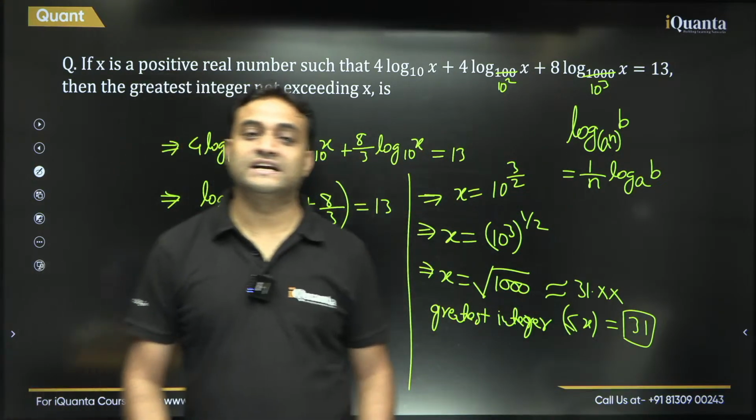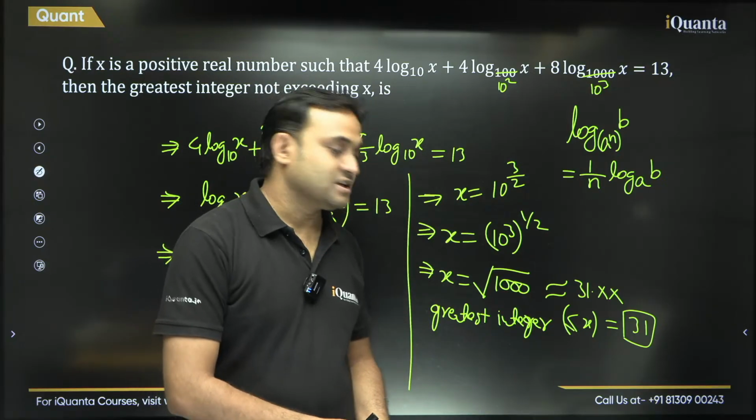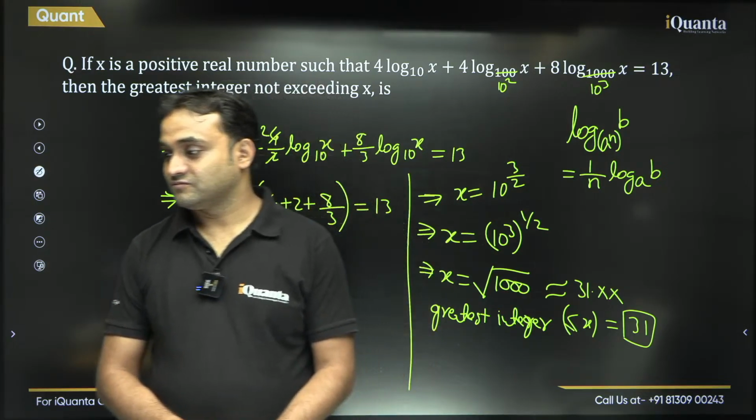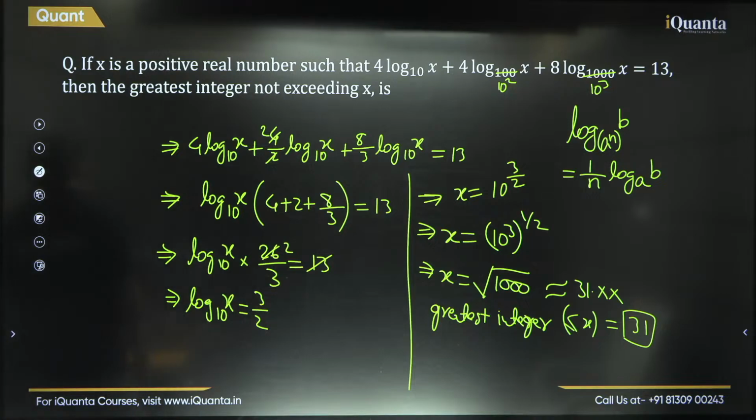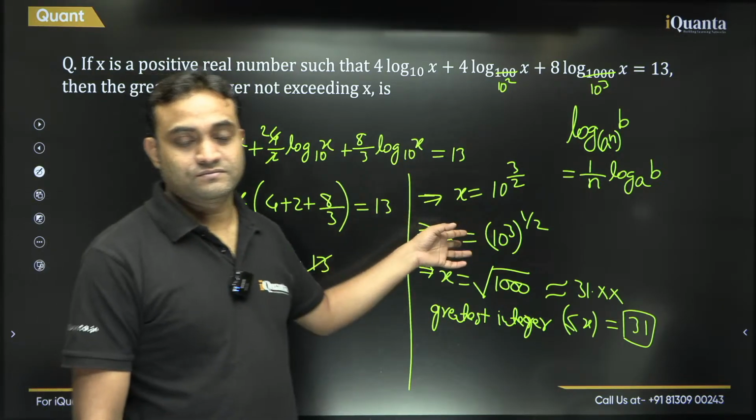We need to find the greatest integer of x, that will be 31. Okay, root under 10 is 3.14, 10 to the power 3 by 2, 10 to the power 1.5, yes, but this is how we solve it.